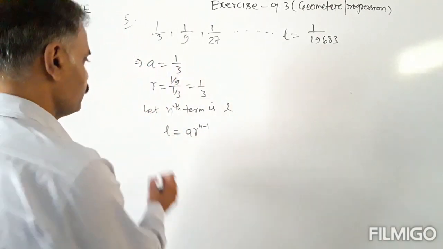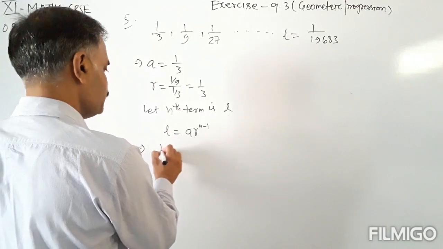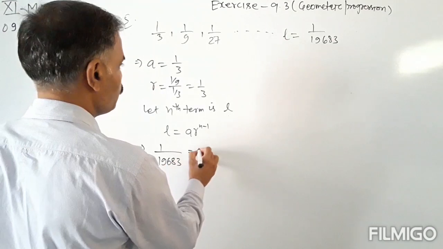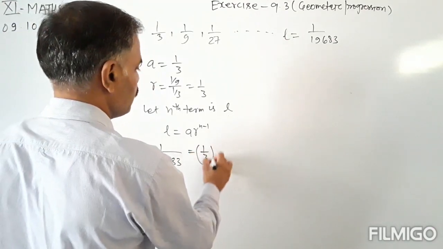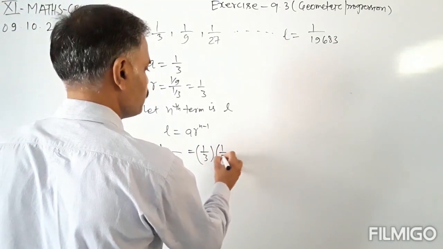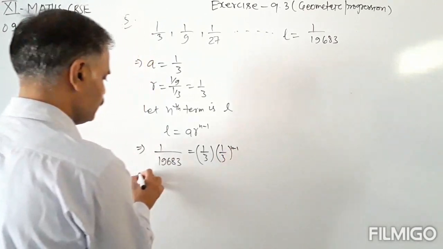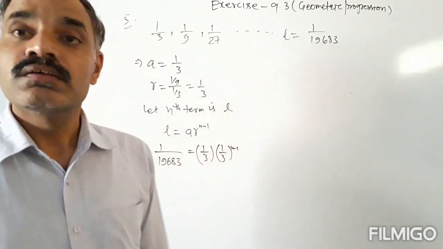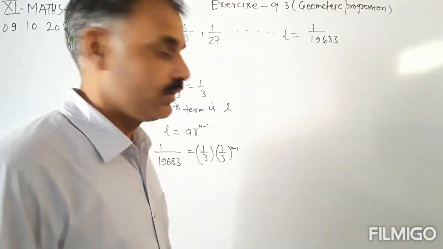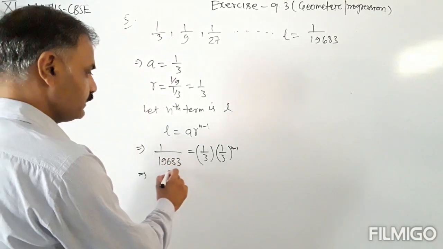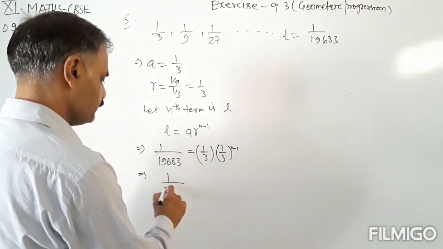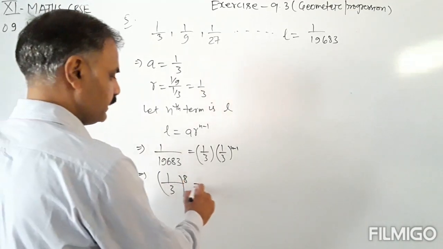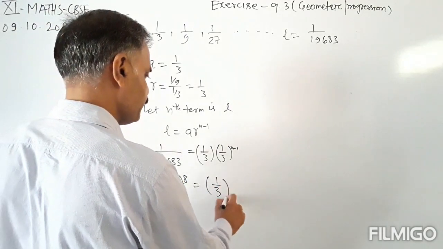Okay, now L, which is 1 upon 19683, equals A, that is 1 upon 3, times R, that is 1 upon 3, raised to the power n minus 1. So 1 upon 19683 can be written as 1 upon 3 to the power 8, and this is 1 upon 3 to the power n.